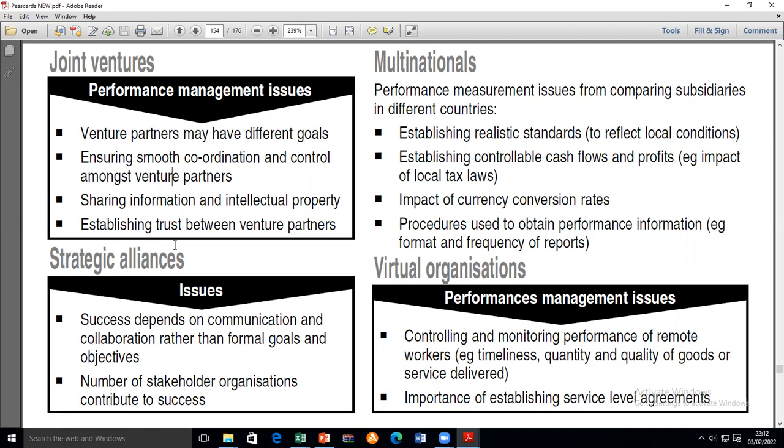So if a number of people collaborate, come together, the success depends on communication and collaboration rather than formal goals and objectives. A number of stakeholder organizations contribute to success. You cannot do it alone. You have seen it around here in the political arenas, sports arenas, where you quickly come up with an alliance to achieve an objective.